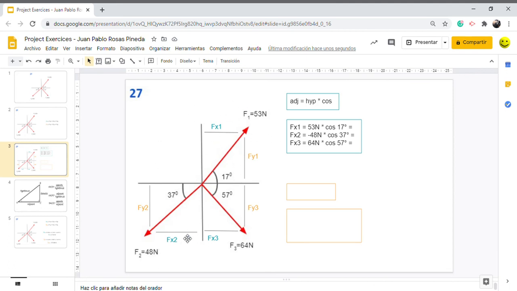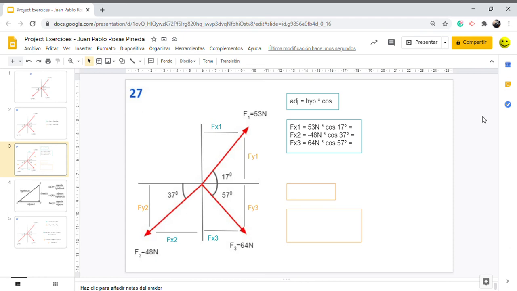Because this is on the left side, it's going to be negative, right? So we have minus 48 times cosine of 37, that is this angle right here. And for the fx3 we need to do 64 newtons, it's positive, times cosine of 57.